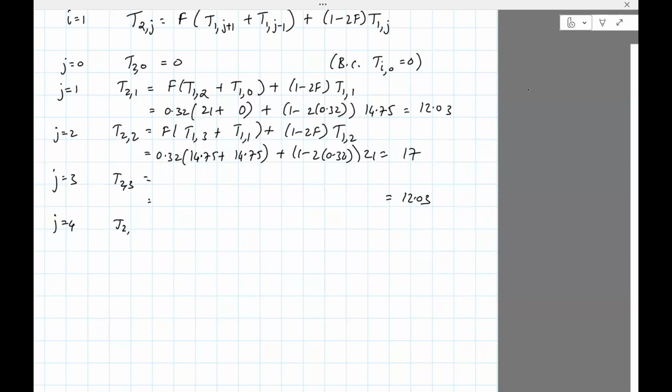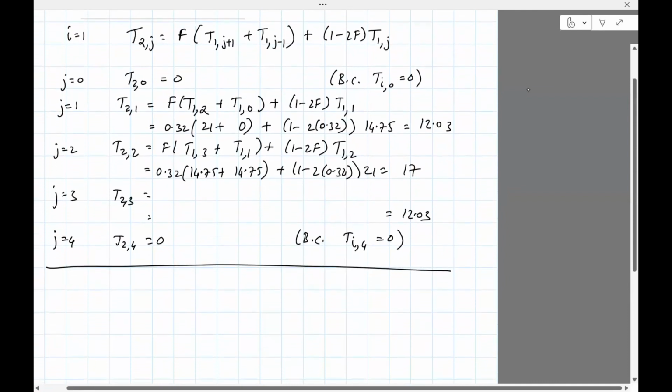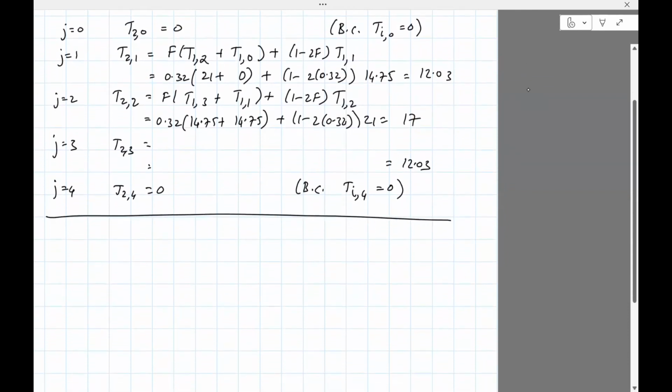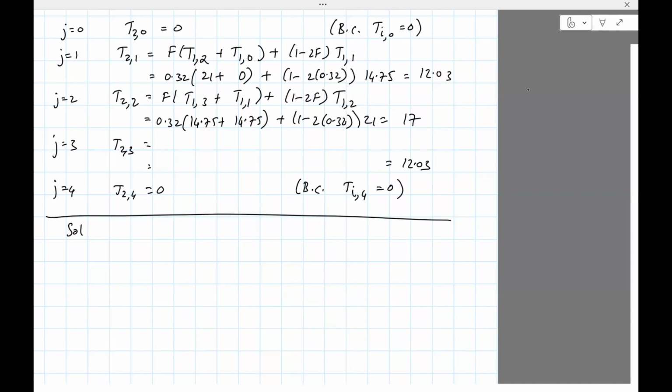j equals 4 is T2,4. Now that will be 0 because there's a boundary condition that Ti,4 is 0 no matter what the index i is. Okay, so you see what's going on. I'm just computing this for different i's, and then eventually I'm going to just provide this as a table. It's easy to process. So the solution is basically the temperature profile.